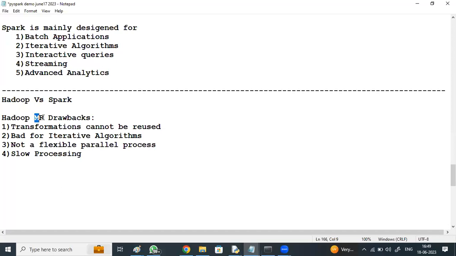That is the drawback. For every task, mapper should be executed again. Even though the transformation is already done, the mapper output can't be directly used by the reducer. You need to initiate and execute it, right?